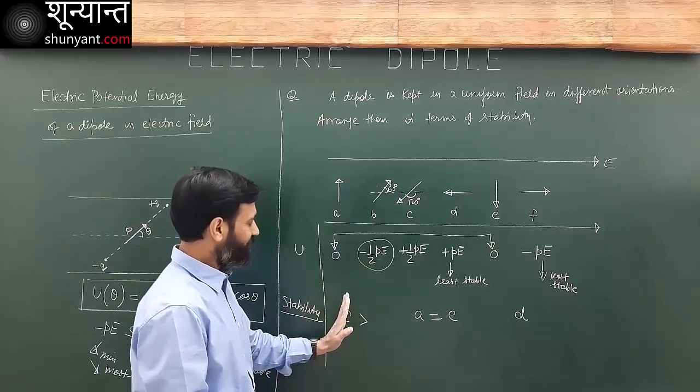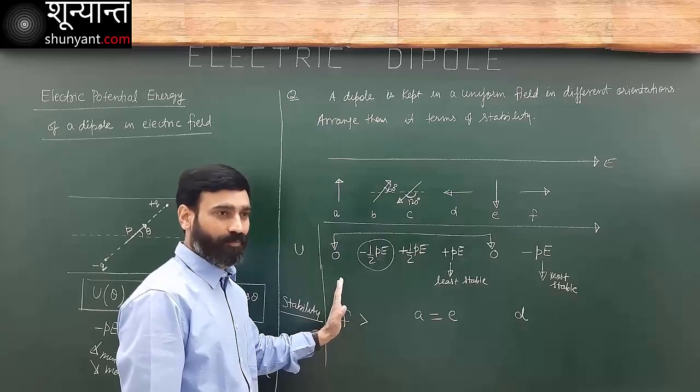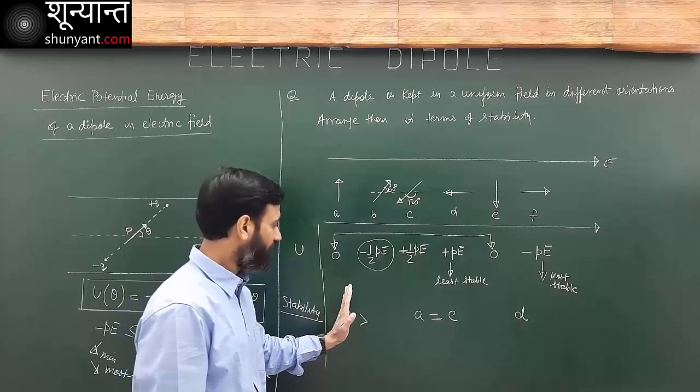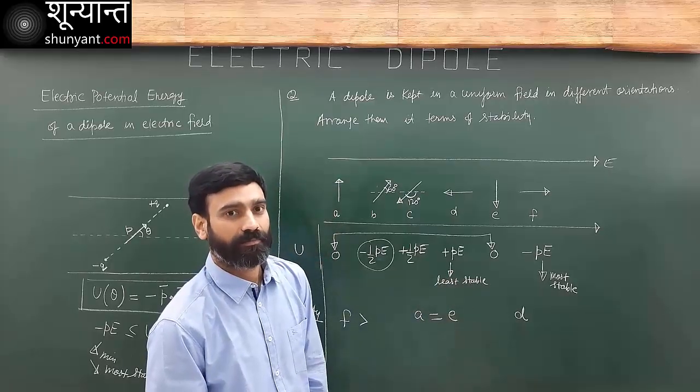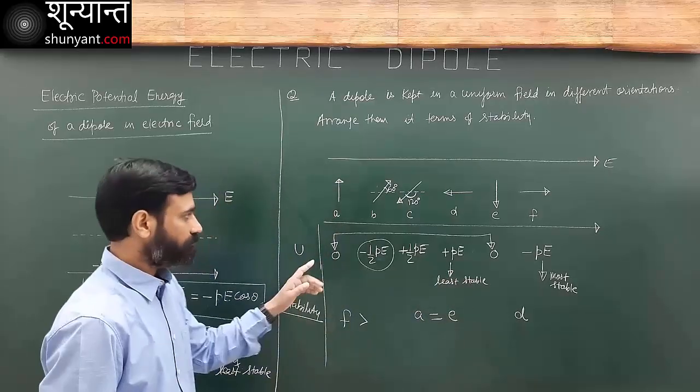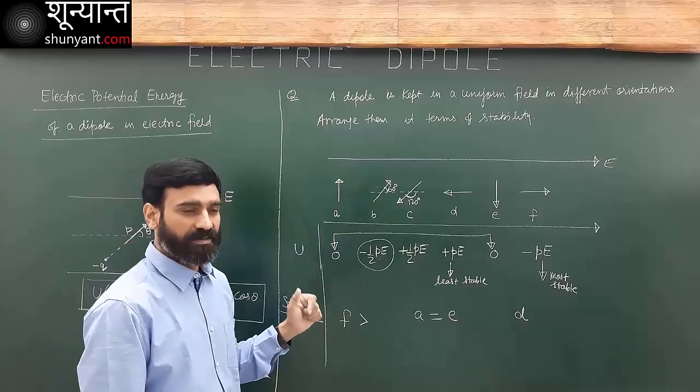Now this has the least energy, most stable. Now I will write it in increasing potential energy.